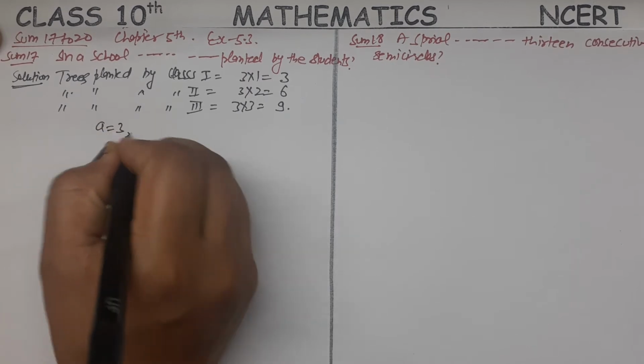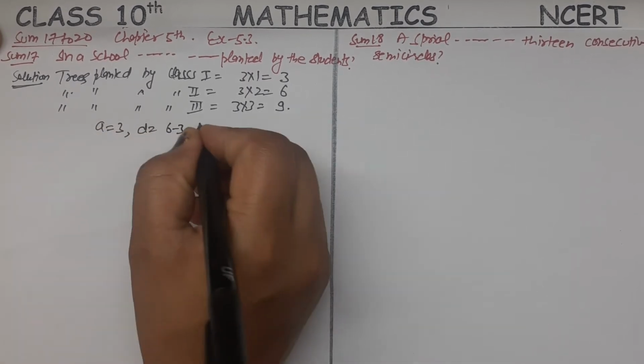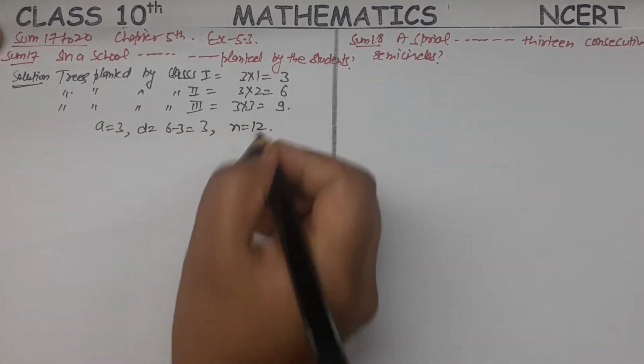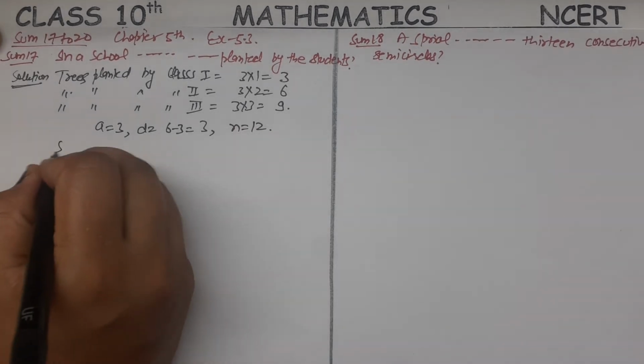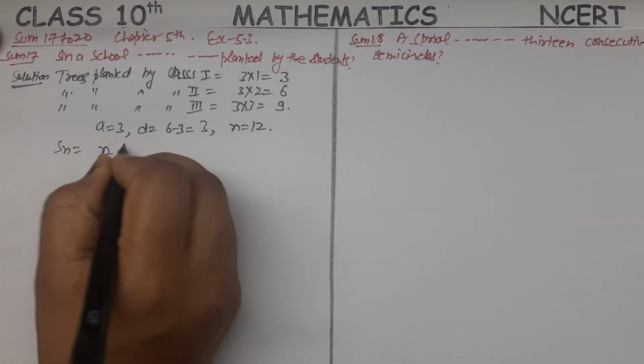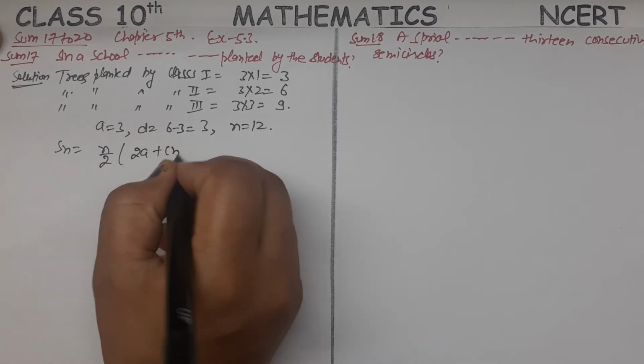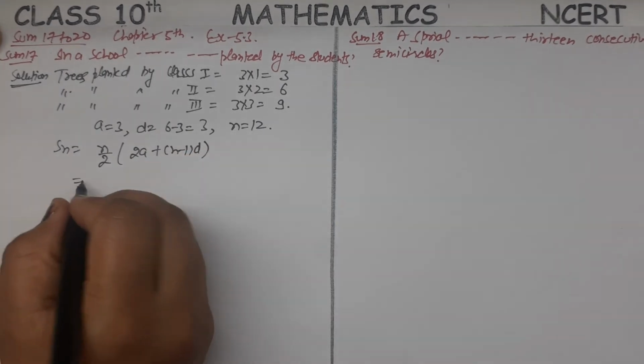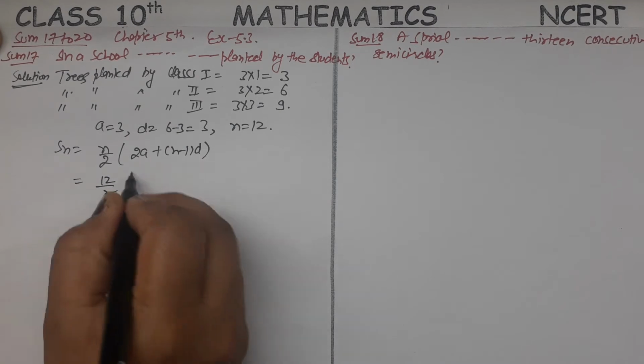Here a is 3, d is 3 and n is 12. Sn equals n by 2 times (2a plus (n minus 1)d). Put the values.